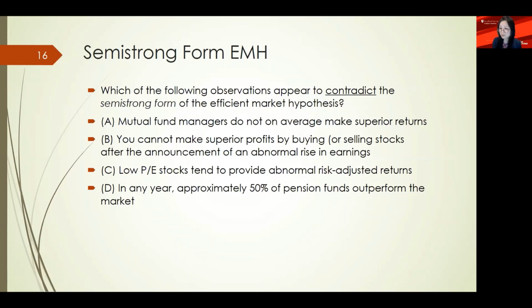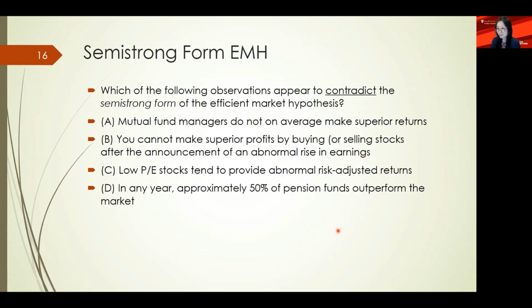Semi-strong form EMH says you cannot make abnormal returns using historical or public information. So B is incorrect. B says you cannot make abnormal profits using public announcements of earnings. That's consistent with semi-strong form EMH. That doesn't contradict it.